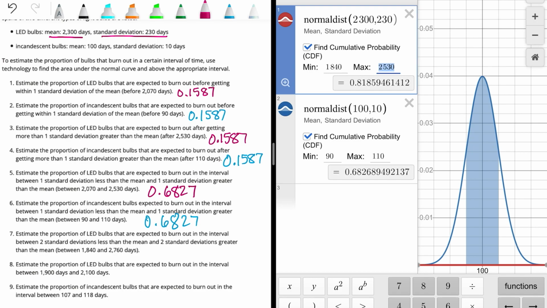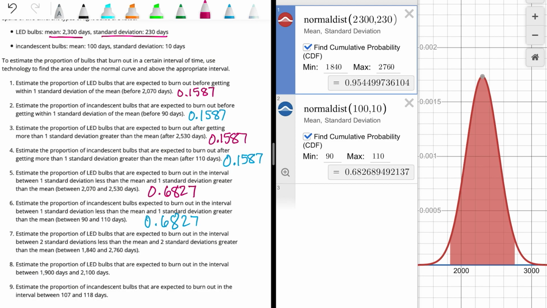And then 2,300 plus 460 is 2,760. And we'll tap on that magnifying glass so we can see the diagram. And we get 0.9545. So that's around 95% of the bulbs that would burn out within 2 standard deviations of that mean.